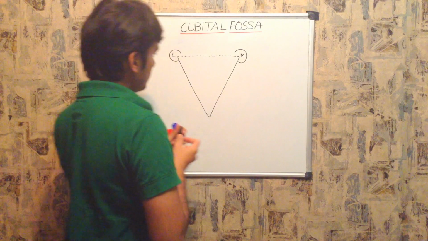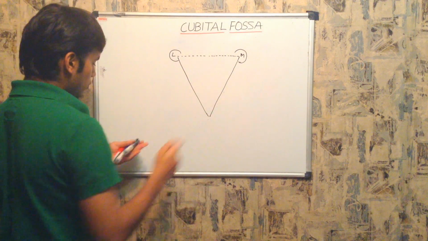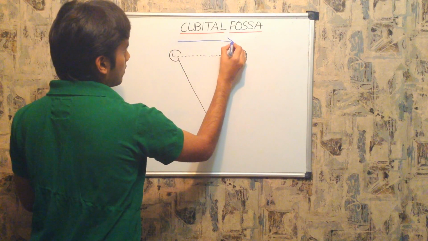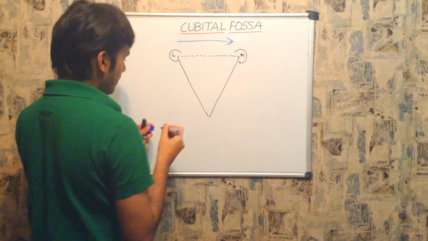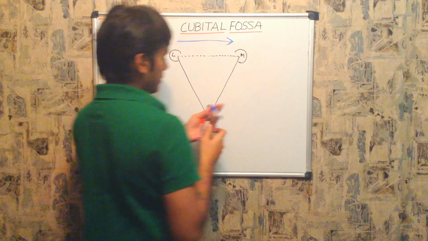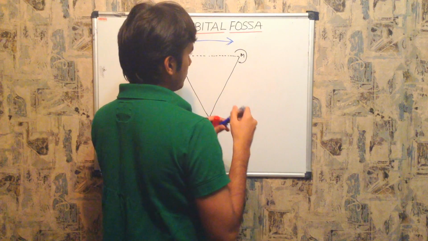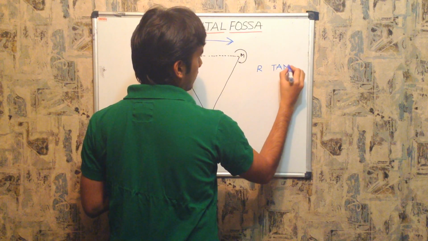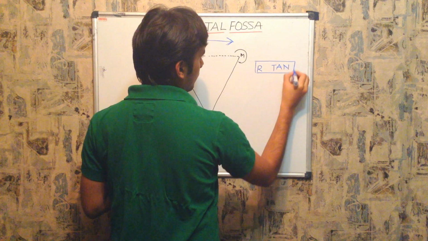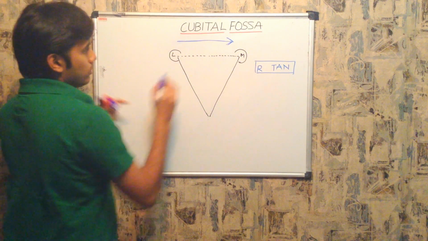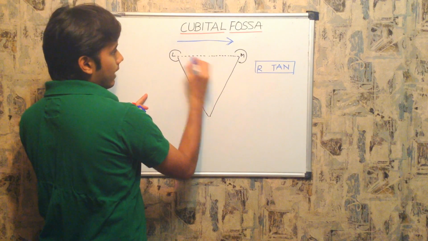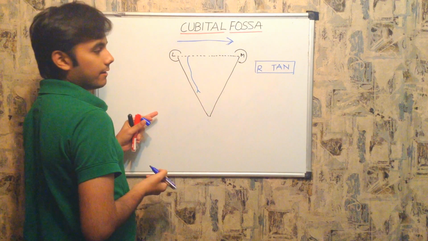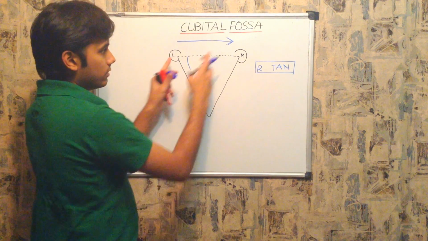So we discuss the structures that are present in the cubital fossa from lateral to medial. From the lateral direction to the medial direction, what structures are present in the cubital fossa? You just need to remember a small mnemonic here: R, T, A, N. On the lateral side, you will find R, in the sense the radial nerve, which you find on the lateral part of the cubital fossa.